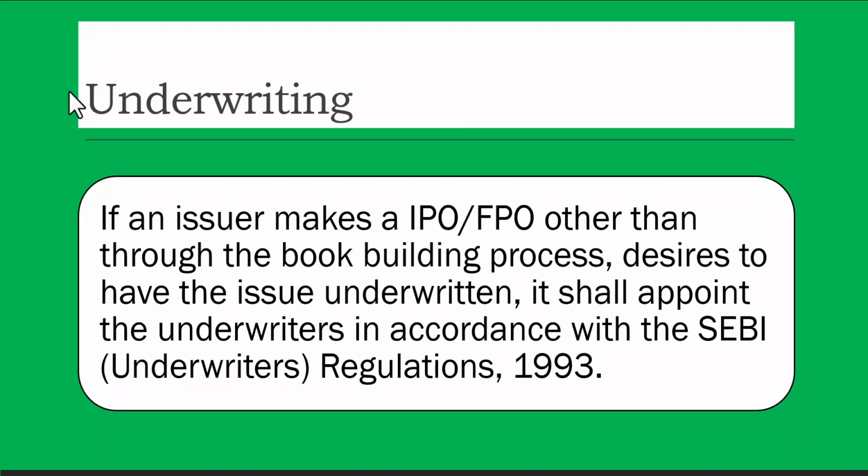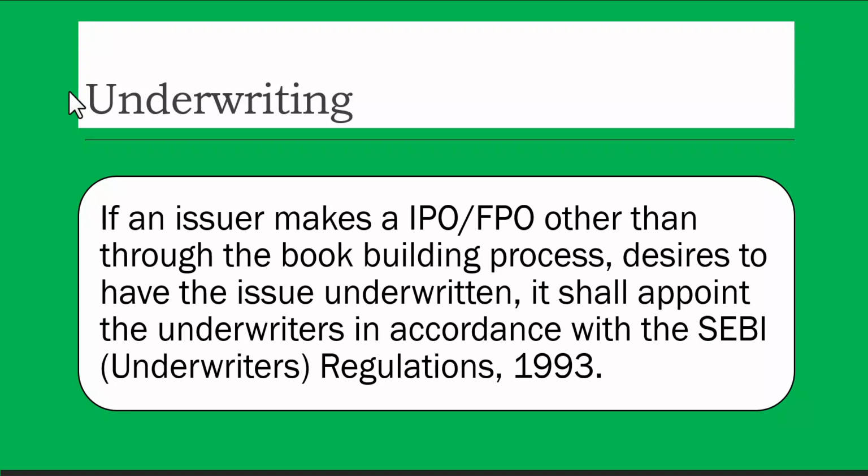Underwriting. Now we come to underwriting. I'll just explain, and she's going to read. Whenever a company is coming with a share issue, if the shares are underwritten by the merchant bankers, it means the public is confident that the shares have been underwritten. In case there is a lukewarm response, the underwriters are going to absorb the shares.